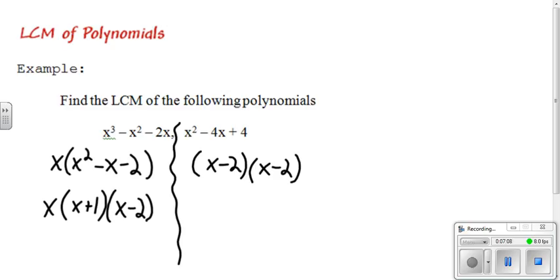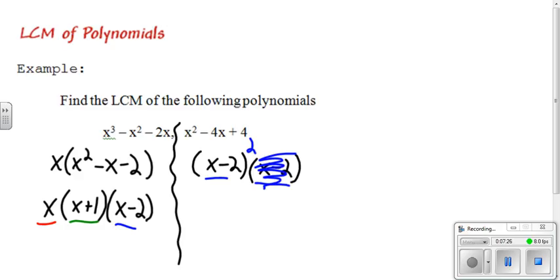Now we can see our factors are, we have an x plus 1, x minus 2, which we also have the x minus 2 over here. But again, we have it twice here. So it would be like saying x minus 2 squared.